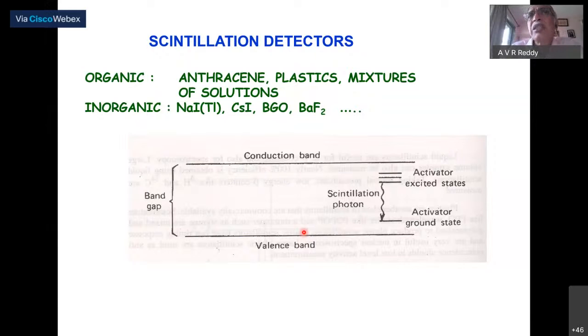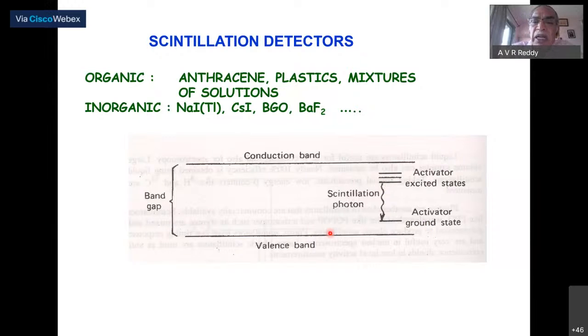Of course, nowadays people have fabricated UV compatible PMTs also. Therefore, what is done is that it is doped with a material that has intermediate states. That doping is called activation, and the material is called an activator. It has the intermediate levels.